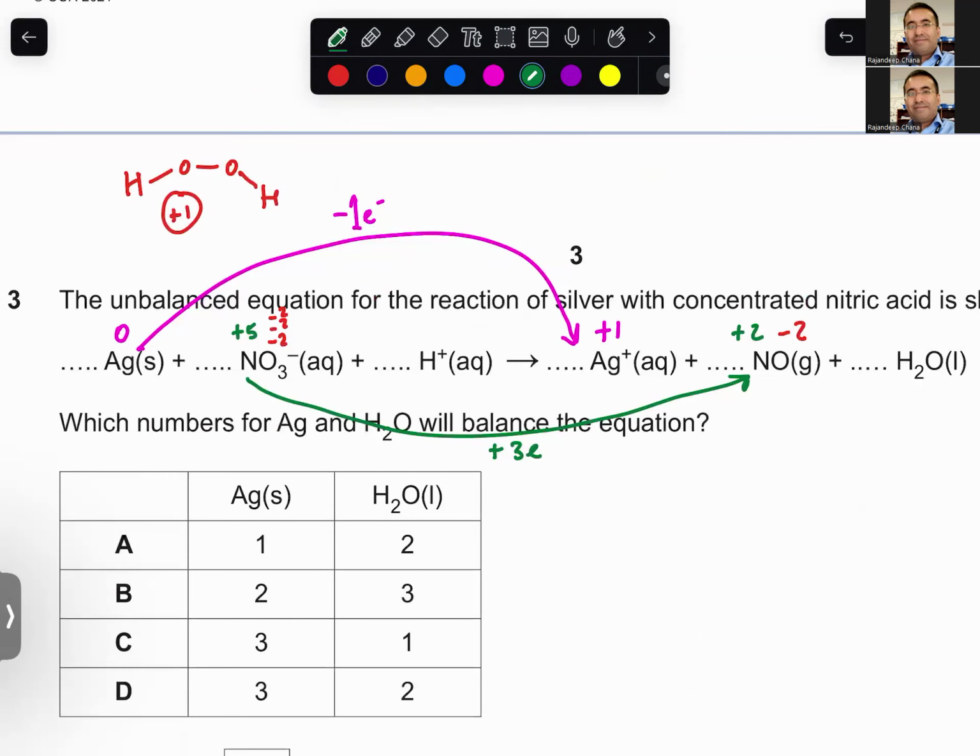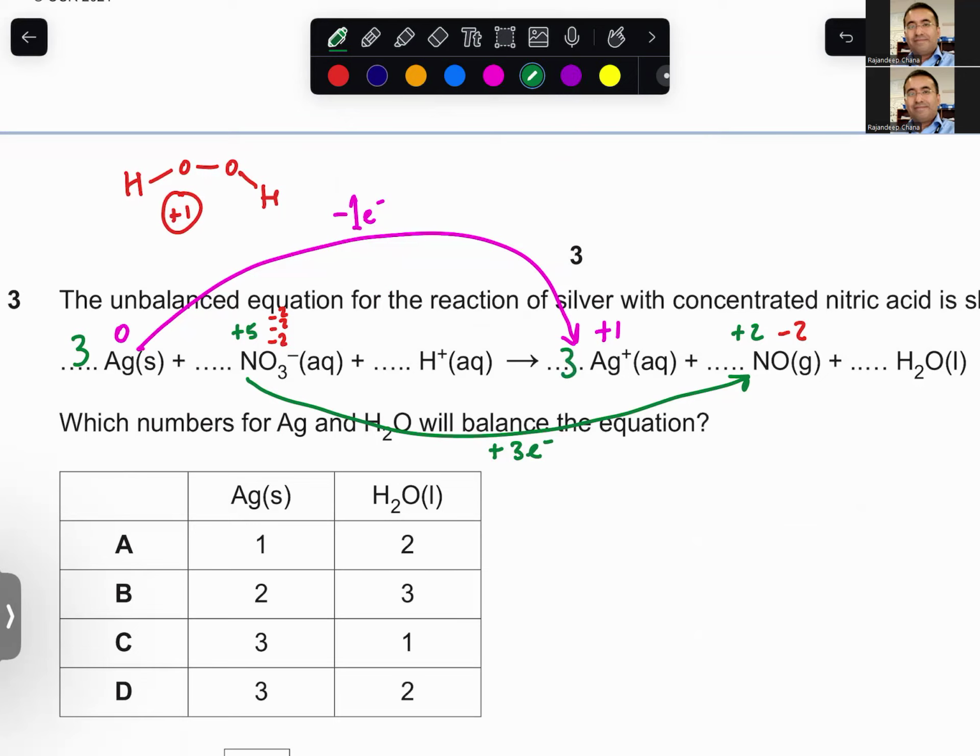That means in this reaction, if that's gaining 3 electrons, those 3 electrons need to be provided by the silver. And so it's a 3-to-1 ratio, and you just balance, put a big 3 there.